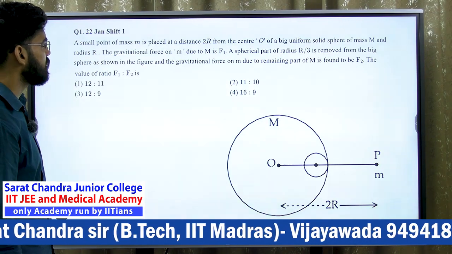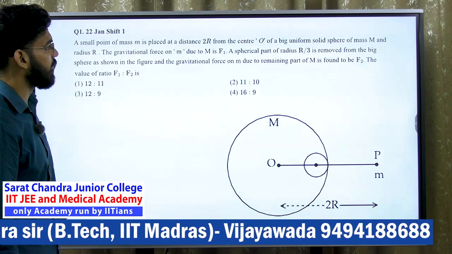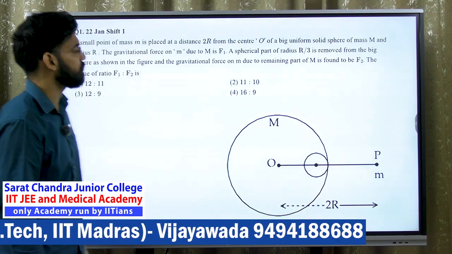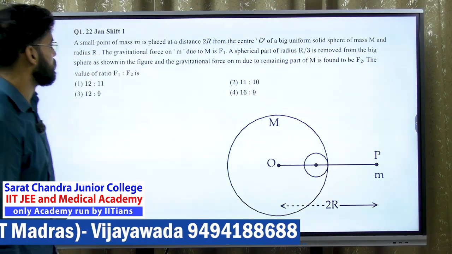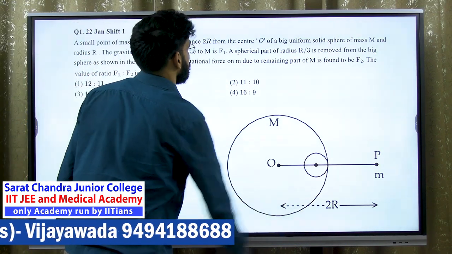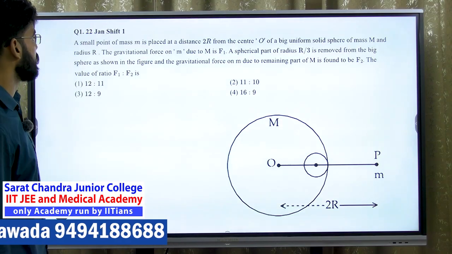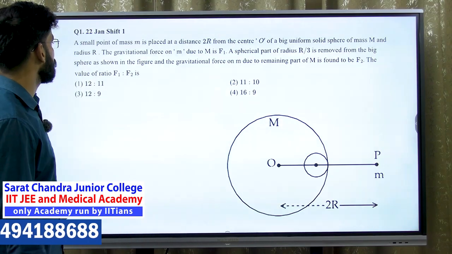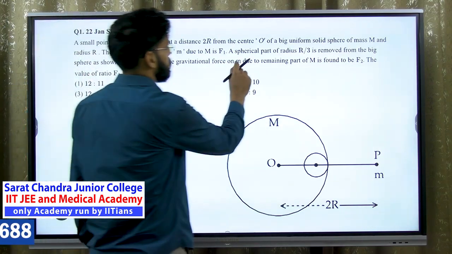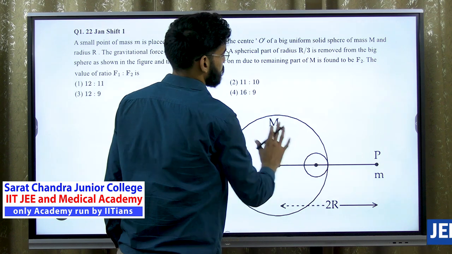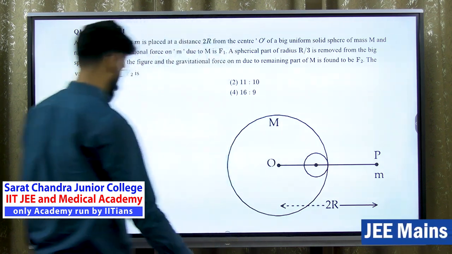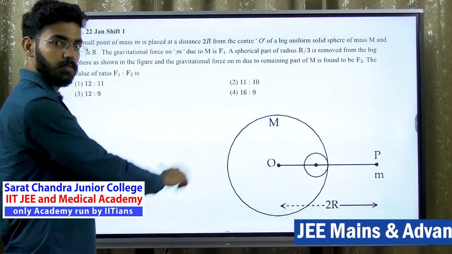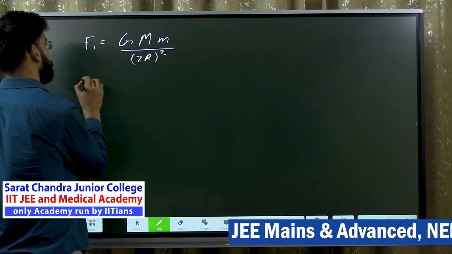Okay. Now he is saying a spherical part of radius r by 3 is removed from the big sphere as shown in the figure. So a sphere of radius r by 3 is removed. And the gravitational force on small m due to the remaining part of capital M is found to be F2. Okay. So this is a mass removal problem. So see how F2 will be calculated.